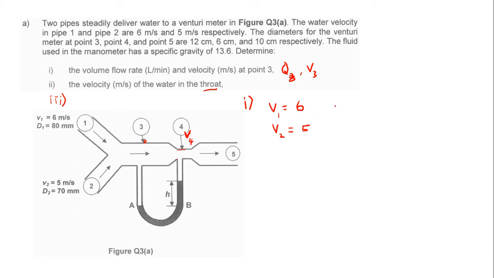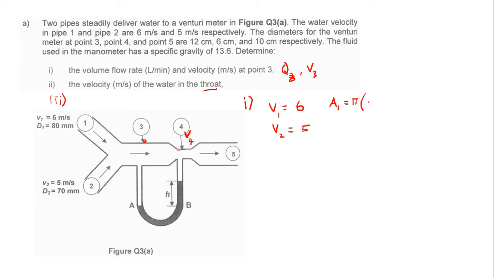Okay, we can change that to meters. The diameter they give you so that you can find the radius, and then the area. So A1 is equal to pi R squared. What is R? 0.04?